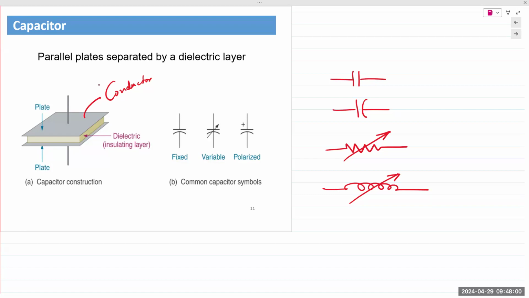Once you roll it up, you now have two conducting plates separated by a very thin layer of insulating gel. When you roll it up, the gel is activated when you apply voltage to it in a specific polarity. Okay, and the gel acts as an insulating material. And so those are the only kinds of capacitors that actually do have polarity. Most capacitors do not. Okay, they do not have any polarity.